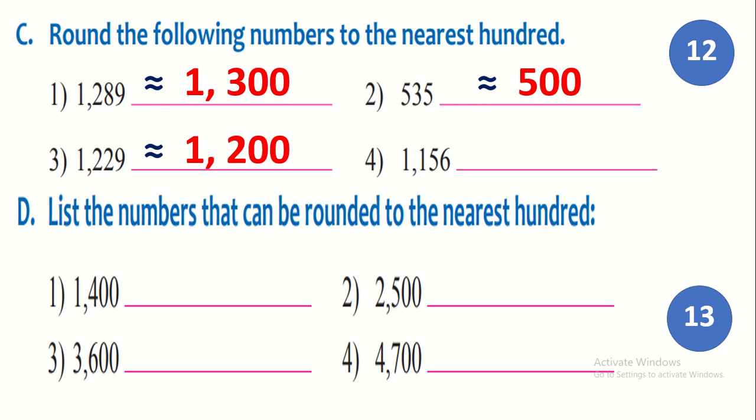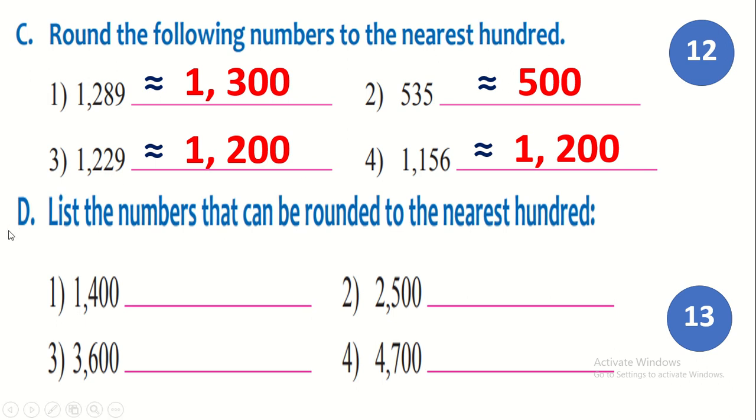You have 1156. Round off to the nearest 100. The number 1 here is in the hundreds place, and next is 5, so you round up the 1 to 2. The answer is 1200. Correct, students?